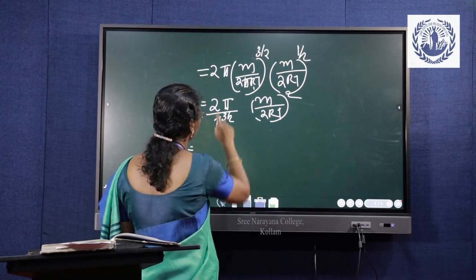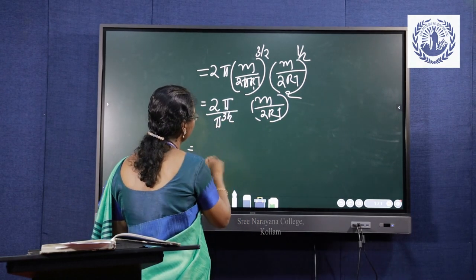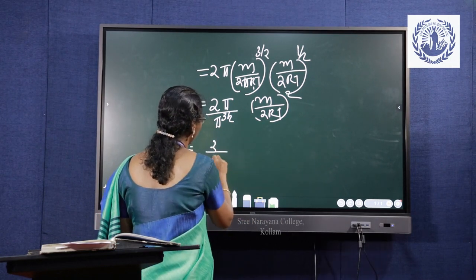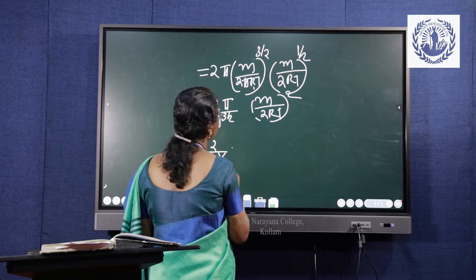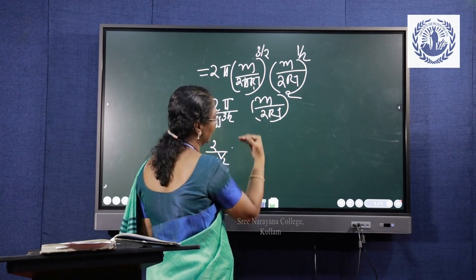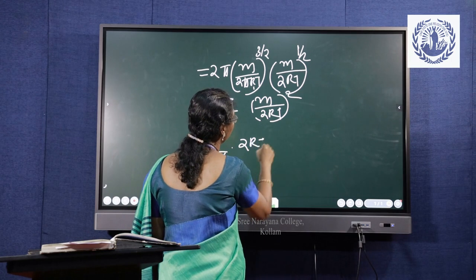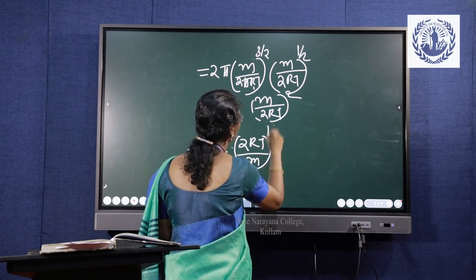Now, pi divided by pi raised to 3 by 2 becomes 2 by pi raised to 1 by 2, and m by 2RT square can be written as 2RT by m the whole raised to 1 by 2.